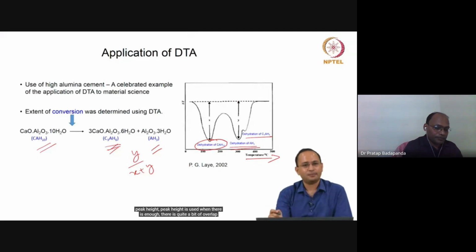Usually peak height is used when there is quite a bit of overlap between the peaks, right. Then it gives you some approximate reasonable value, but I just wanted to show you that way they were able to quantify what is the extent of conversion.